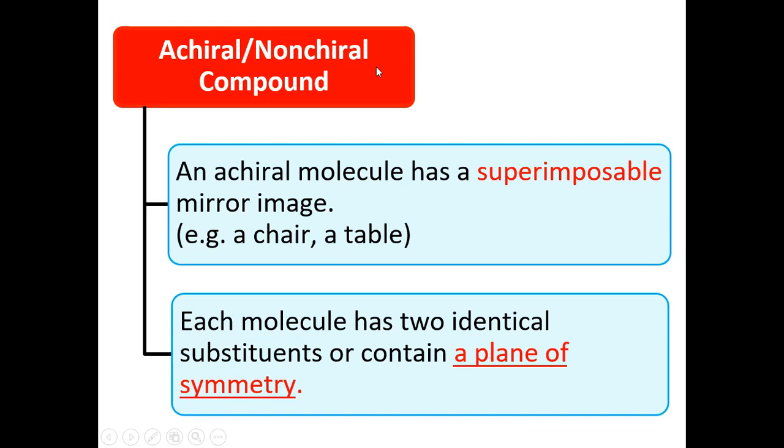However, an achiral, or non-chiral, molecule has a superimposable mirror image. The mirror image can be superimposed, like a chair or a table, for example. Each molecule has two identical substituents, for example two H atoms or two methyl groups attached to the carbon, or it contains a plane of symmetry.